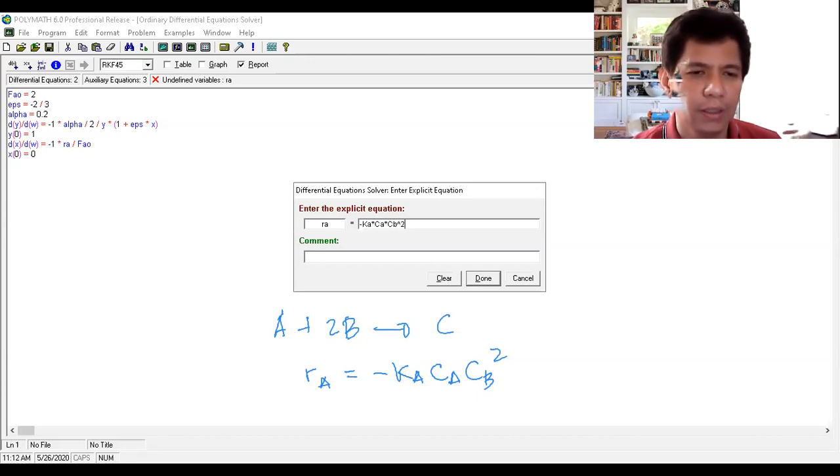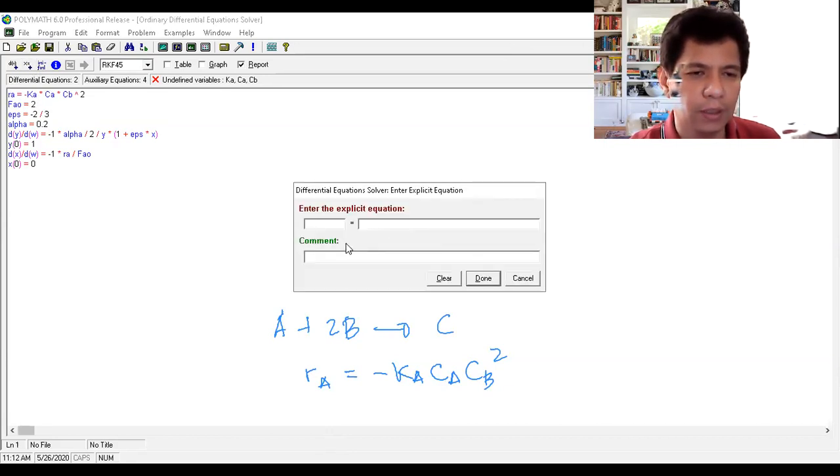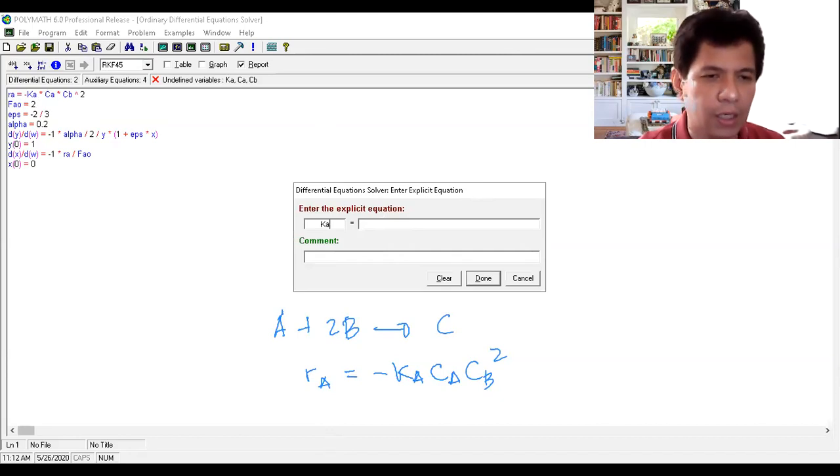So this is the equation for the rate. Just click done. And then as you can see, we're going to enter the value for K sub A. Just to remember, that would be 6. So let's enter that explicit equation. K sub A, capital K A, is equal to 6.